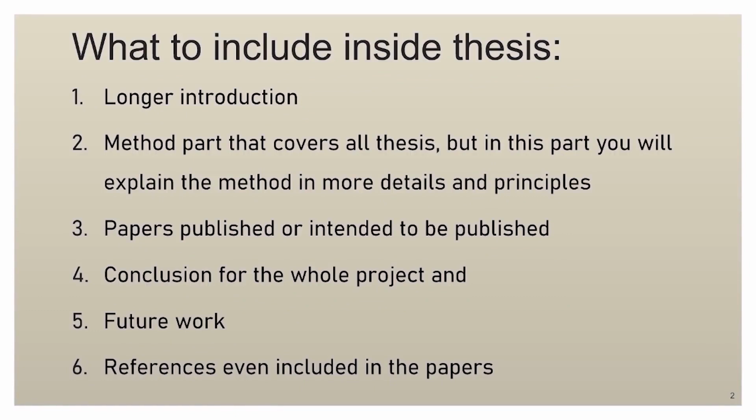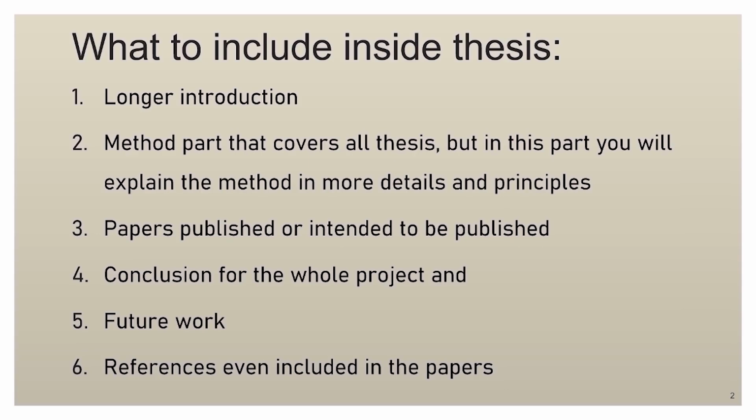Now, if you want to submit a thesis by publication, all you need to do is to collect the published or intended to publish work together and add an abstract for the whole thesis, a literature review, which is larger than the introduction section in each paper, and a methods section. Finally, add a conclusion at the end that covers the whole work, and you can flavor this part with possible future work.